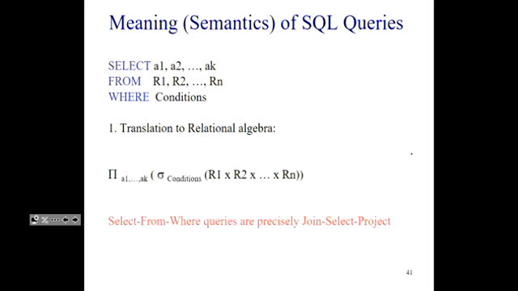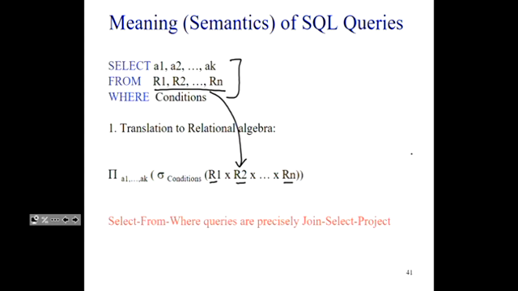So like I said, given a select from where query, the translation to relational algebra is to think about starting from the from clause and doing a cross product of the relations listed in the from clause. So you're doing cross product between R1, R2, all the way up until Rn.